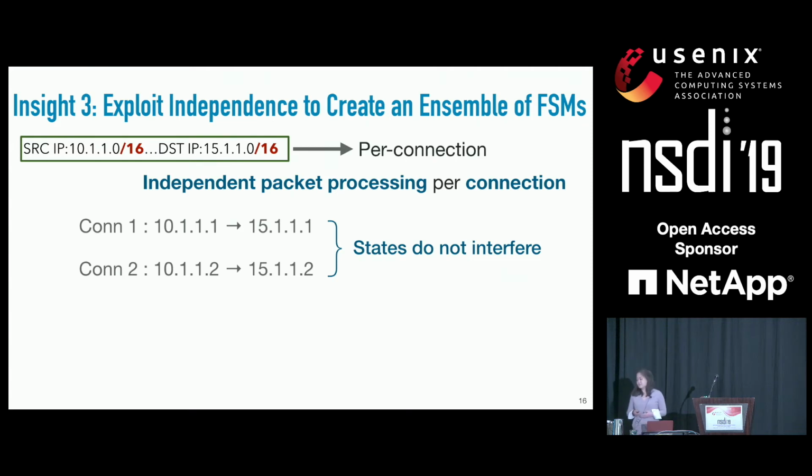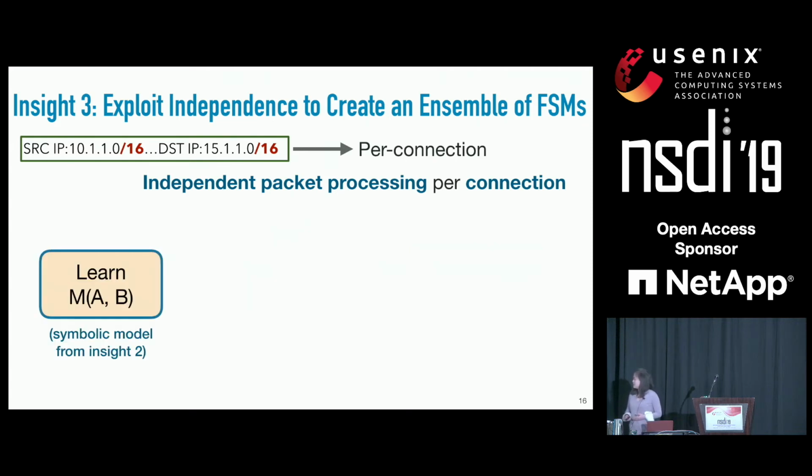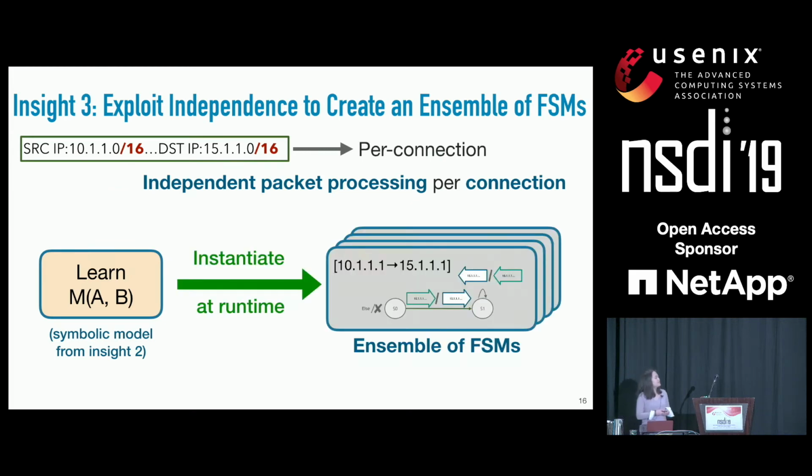If we know this information, then instead of generating all IPs within that range, we can just learn a symbolic model using just 1 connection in that range. Then at runtime, we can instantiate an ensemble of FSMs, where each model in the ensemble is a model for each connection.